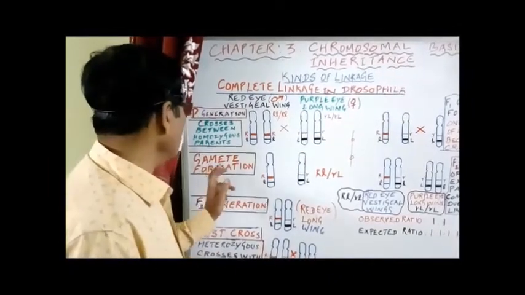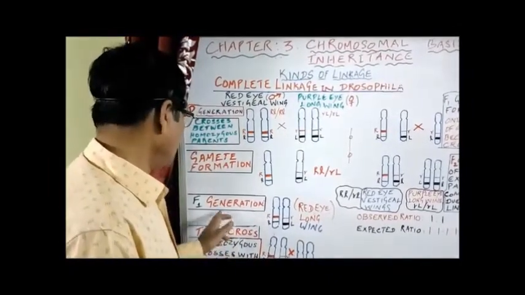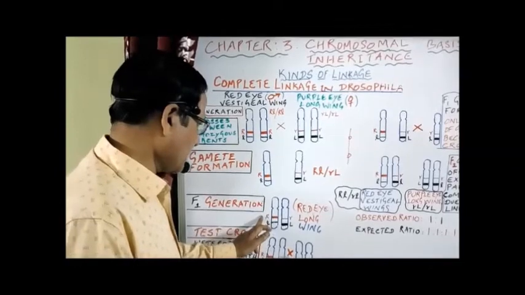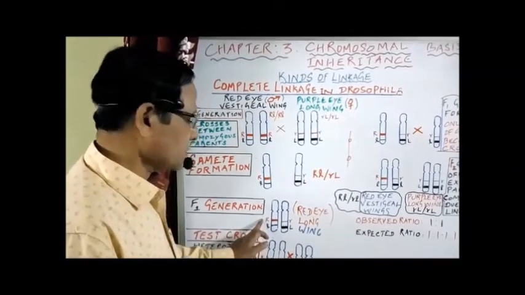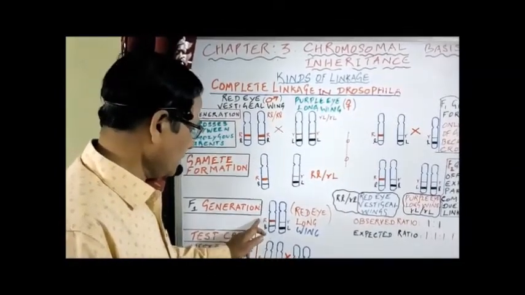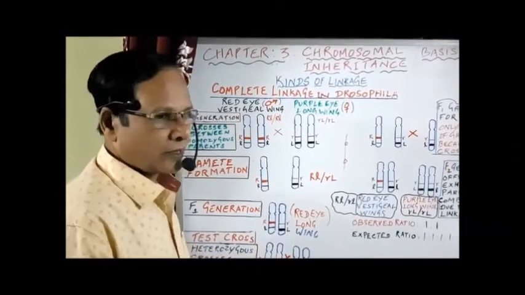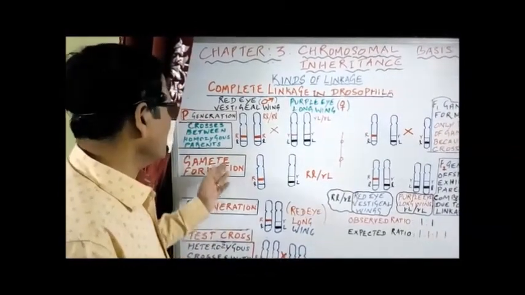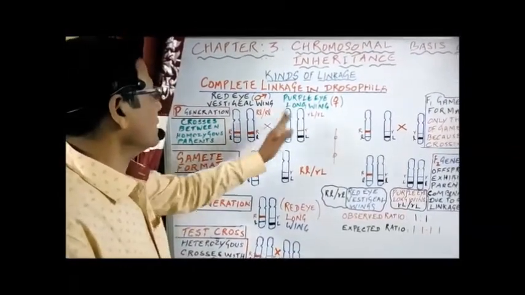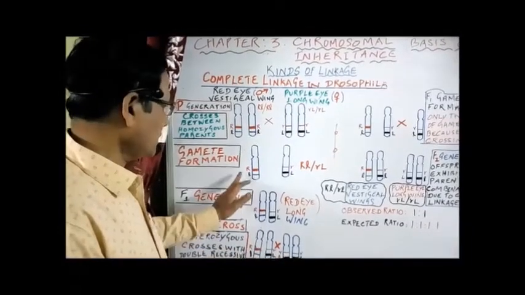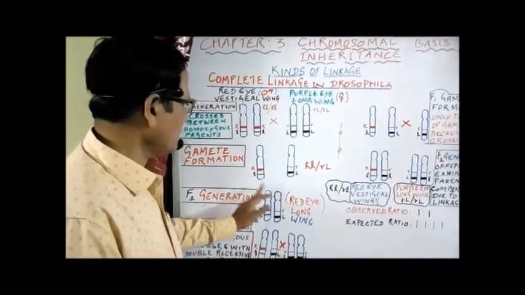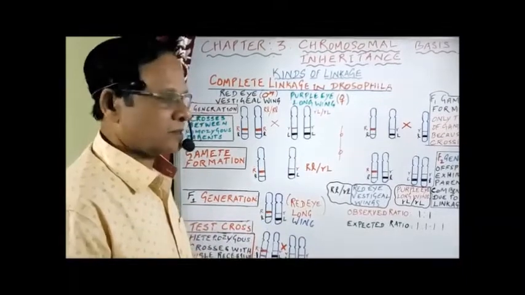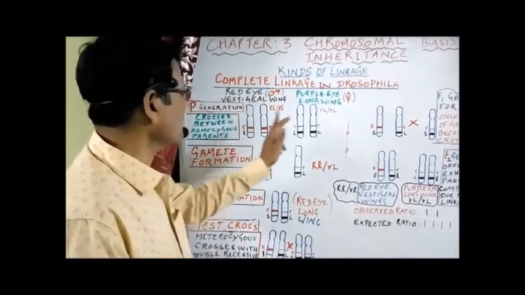So the F1 individuals have red eye with a long wing because of the presence of dominant letter R and the dominant letter capital L for long wing. Normally the gametes produced by the parental varieties are capital R, small l, and small r, capital L. These are the gametes produced by the parents.